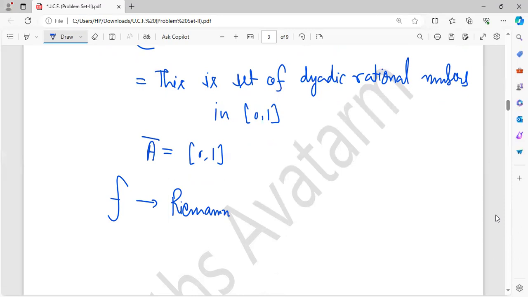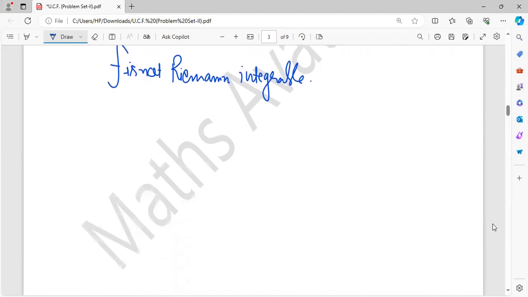So f is not Riemann integrable. Okay, now you see that each f_n is defined like this: f_n is 1 if x is of this form.